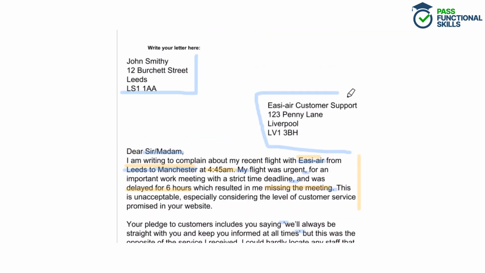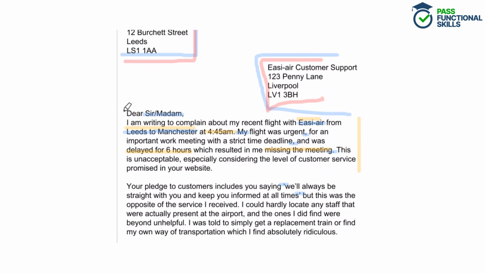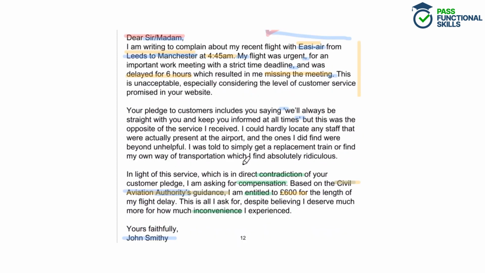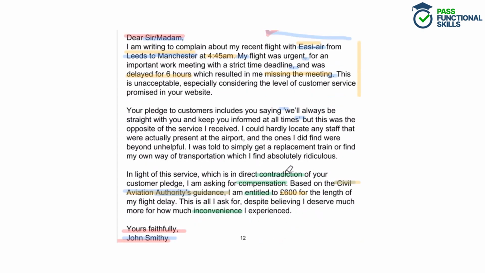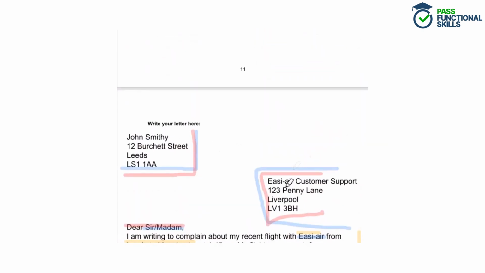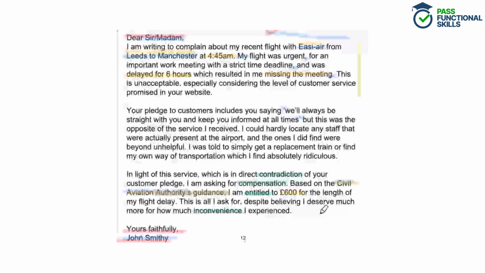So the student has used that address, and they've also included, importantly, the address of the sender as well. We've then got a polite greeting, "Dear Sir, Madam," and we have a polite sign-off followed by the sender's name. So those are all of the organisational features that you'll need to include in a letter there.